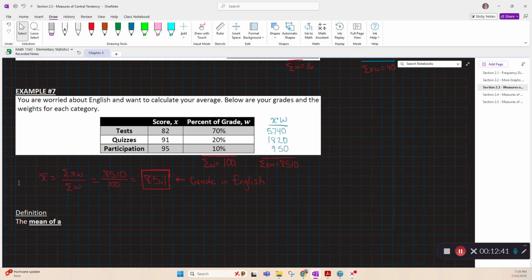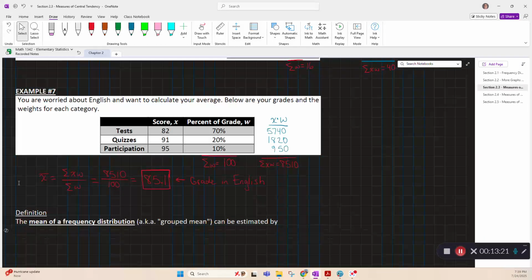The mean of a frequency distribution, aka grouped mean, can be calculated by, or I'm just going to say, estimated. I'm sorry. Words are hard.